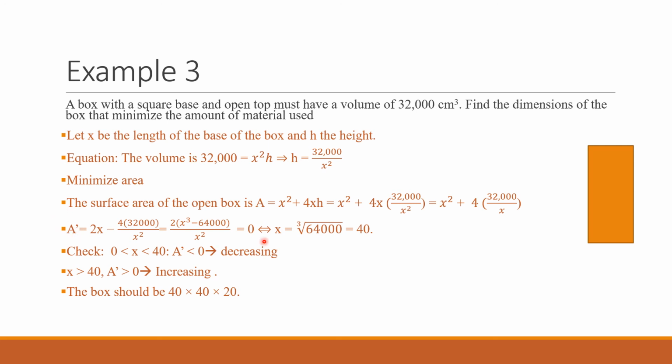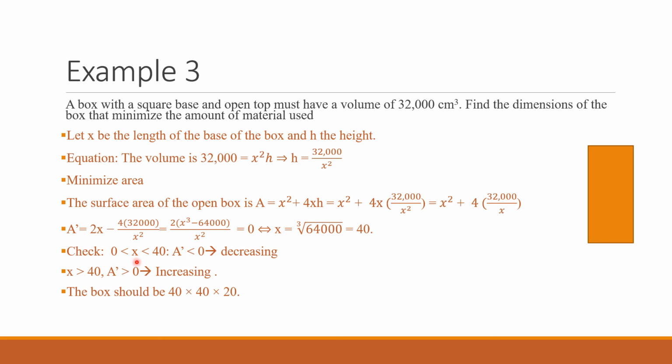will set the derivative equal to 0, and I solve, and this is the value of x equal 40. I can just say that x equal 40 will be optimized. I need to check. So I just get any point between 0 and 40, because the domain starts at 0, and you'll find that A dash is decreasing, it's a negative value, and then again I have to check any point greater than 40 in the A dash equation.